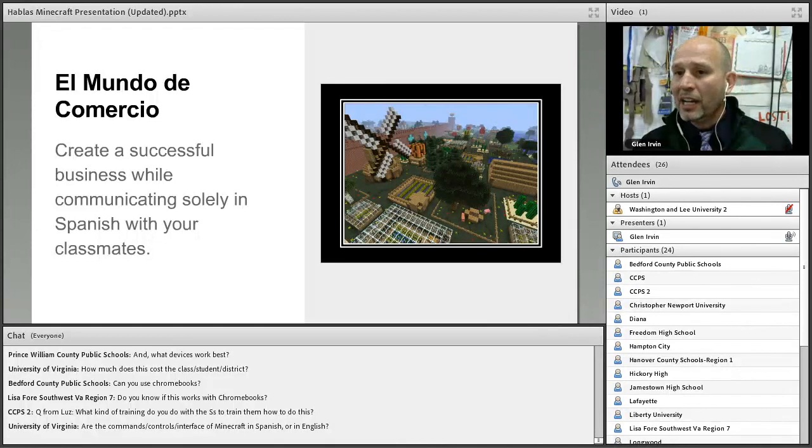One of the first things that I created, and I actually created this for my final project in Dr. Haskell's class, I called it El Mundo de Comercio, and it was for level 3 students that are taking a college level course, and Español is basically Spanish 102 and 201 at the college level. Here I'm connected through the Minnesota State University, so they get college credit for that, and they're taking my class.